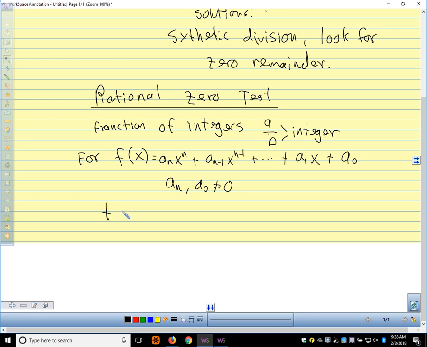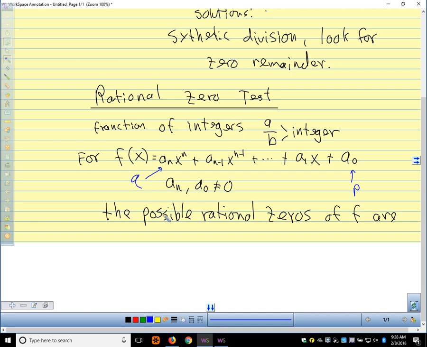The possible rational zeros of f are, I'm going to call a sub 0 p, and I'm going to call a sub n q.